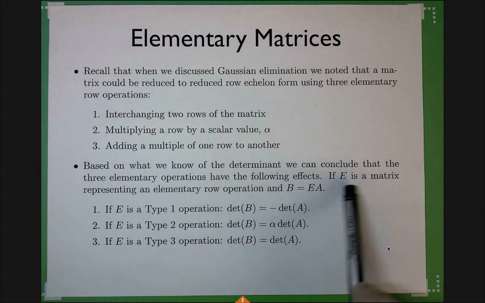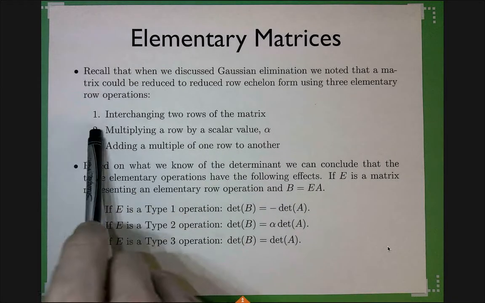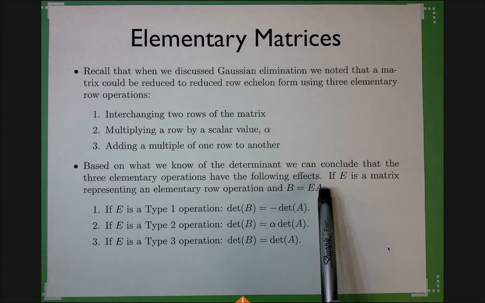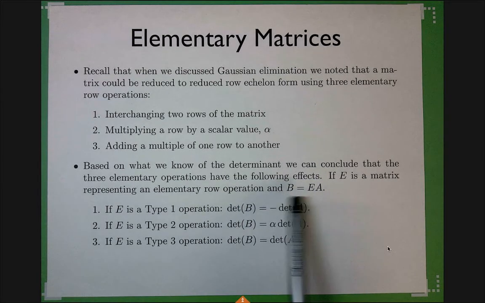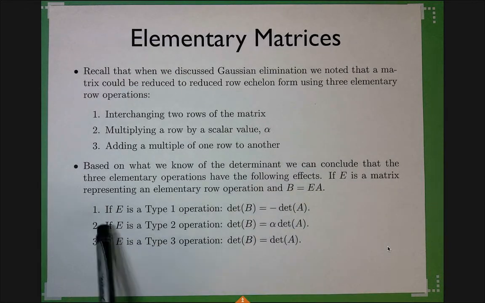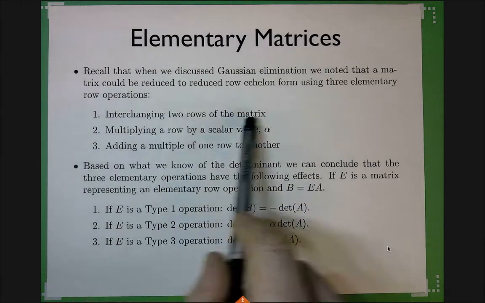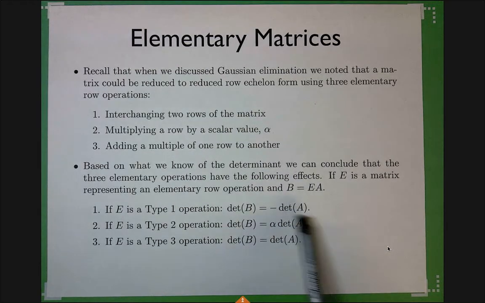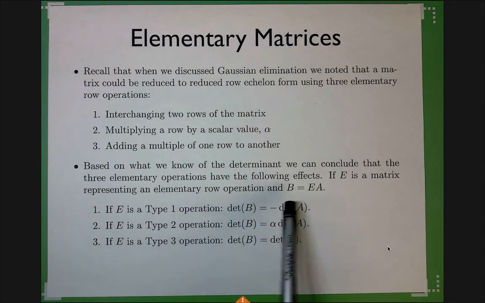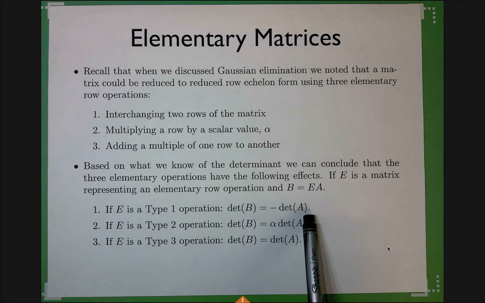If E is a matrix corresponding to one of these three elementary row operations, and the resulting matrix B is the matrix A after applying this operation, so in matrix language it's just multiplying by E. If it's a type 1 operation, it means swapping two rows. Immediately from the definition of determinant, we know that the determinant of B will flip the sign of the determinant of A, or -1 times the determinant of A.